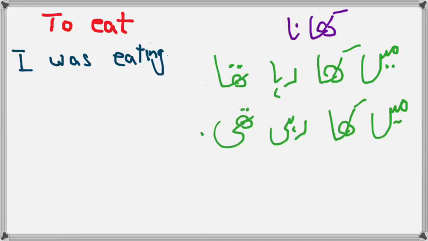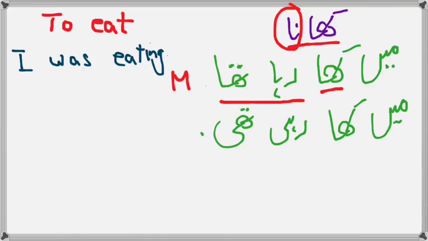So you see that khana becomes kha and we have omitted na from the verb, and at the end of the sentence we have got raha tha for male and rahi thi for female.